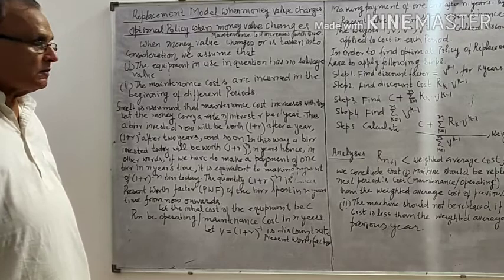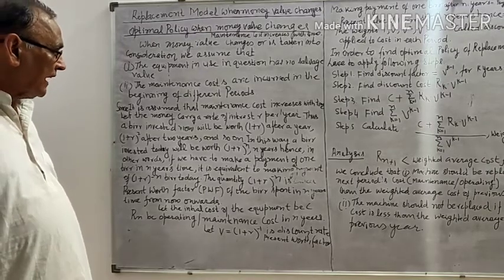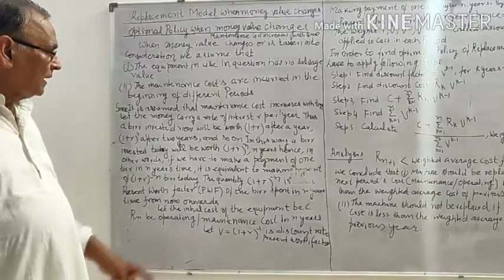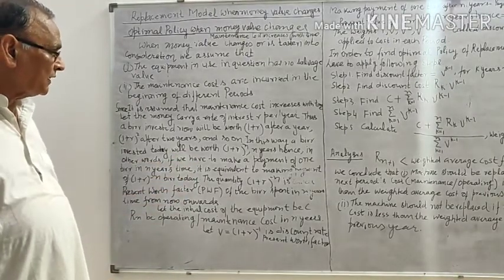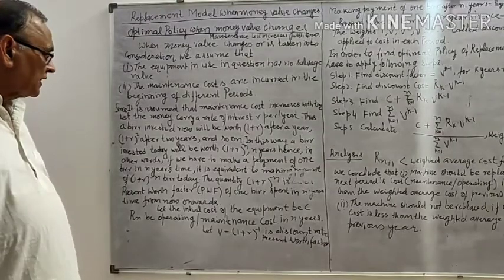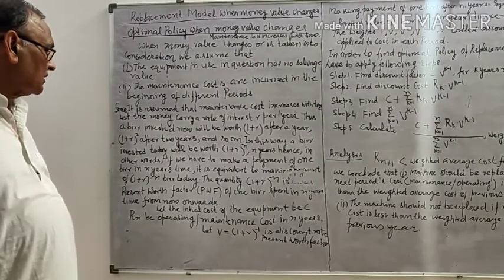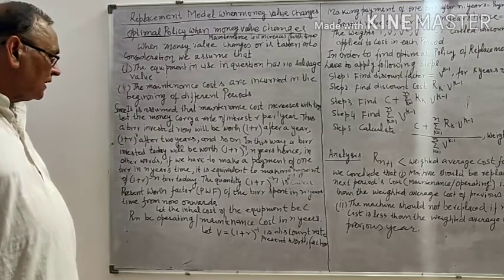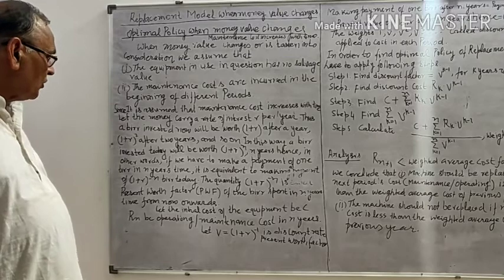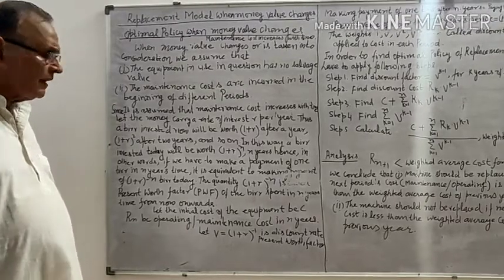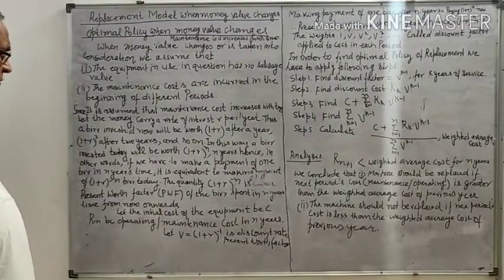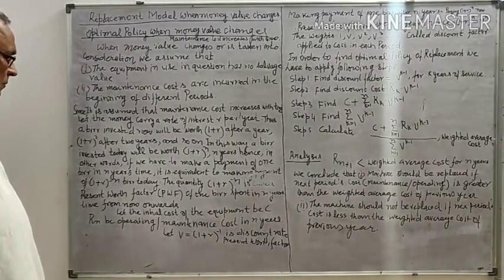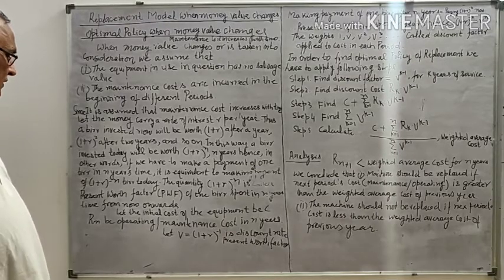So the quantity (1 plus R) to the power minus n, of course this R is in percentage, is called the present worth factor of one rupee spent in n years' time from now onwards.